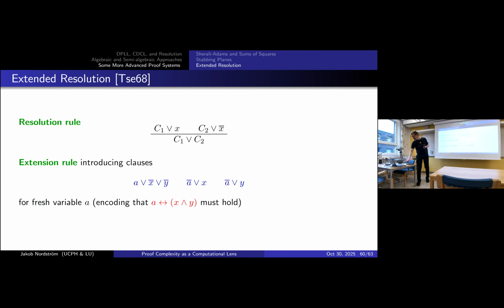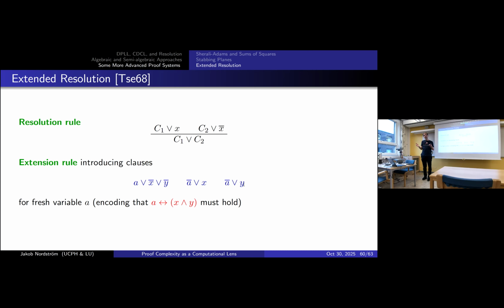You see that if X and Y are both true, this forces A to be true. But if X is false, that forces A to be false. And similarly, if Y is false, that forces A to be false.